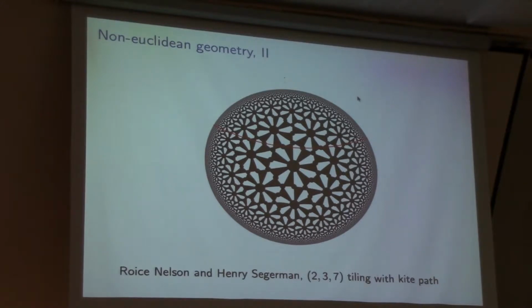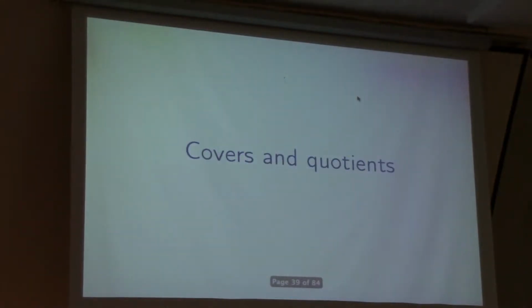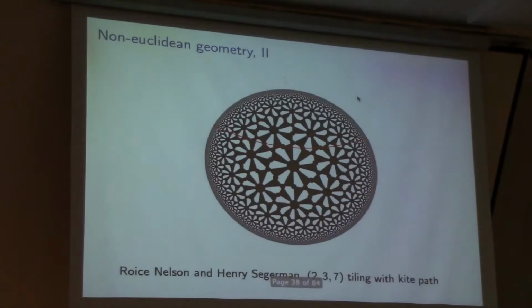Okay, so the next topic is covers and quotients. So this tiling, yes? So how do you decide which directions to use for certain problems? Like, when would you use this projection as opposed to stereographic?